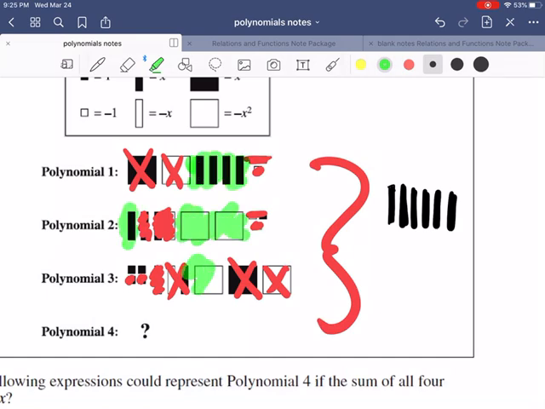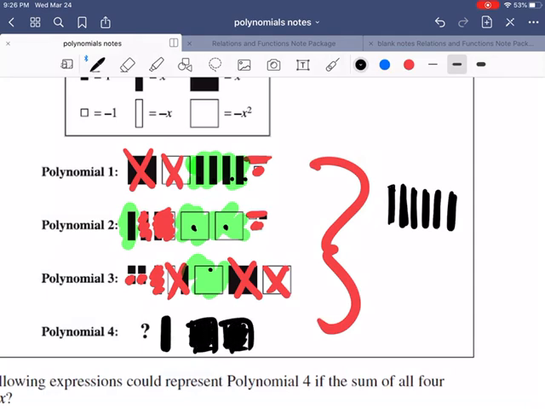So after eliminating all our zero pairs, what we're left with is these things, right? Well, the question is saying if we add in a couple more tiles here, they could be squares, they could be x values, they could be single digits. If we add in a couple more, what we're going to have left is these 6. Well, we only have 5 x tiles, so that means we at least need to add a 6th one there for it to exist. And we don't want these 3, so the opposite of those are shaded in x squares.